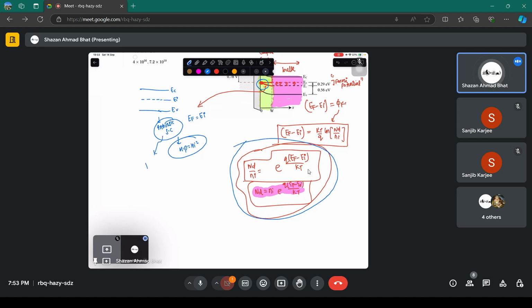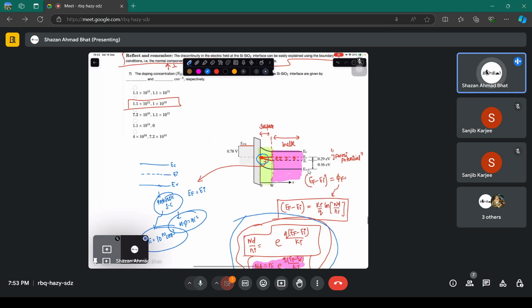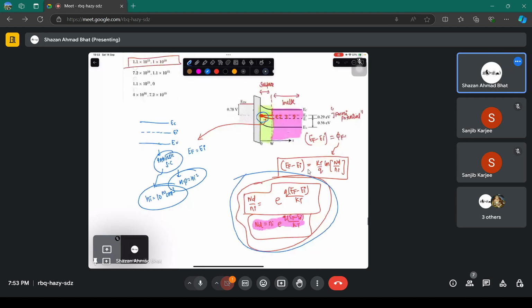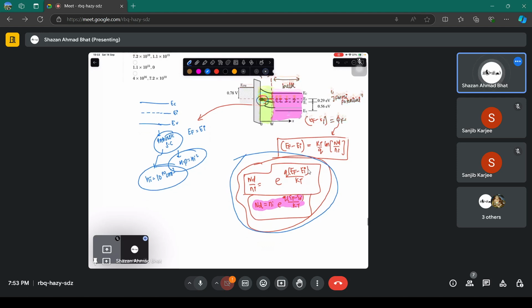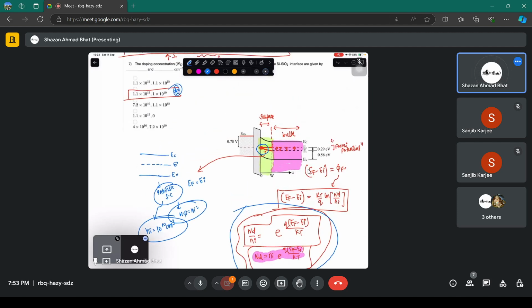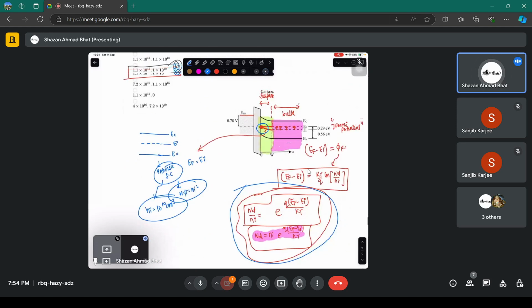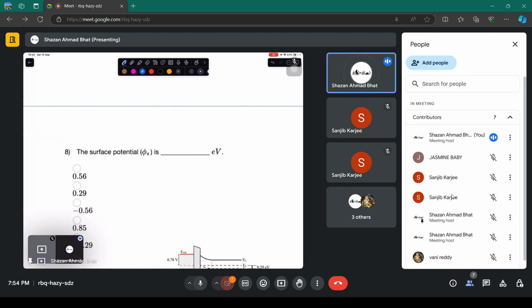The concentration is basically ni, the intrinsic concentration, 10 to the power 10 per centimeter cube. As simple as that. Because at this particular region, the Fermi level and the intrinsic level are the same, the concentration is going to be that of the intrinsic concentration, whatever the background concentration of the semiconductor was. So that is what we found: 10 to the power 10. I just got a little bit confused in it. Now, let me check this timing.